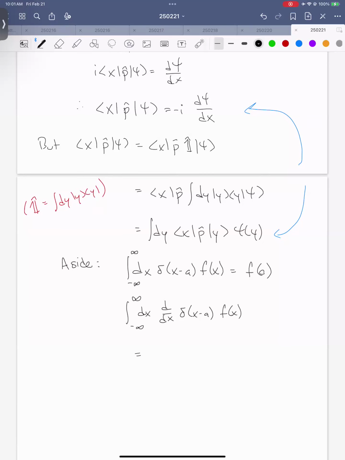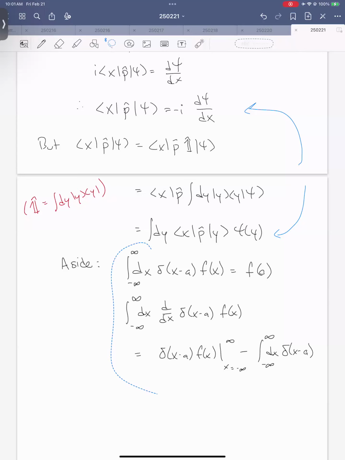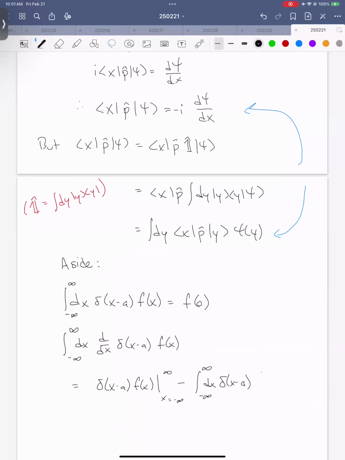So this is equal to delta(x minus a) f(x) evaluated from minus infinity to plus infinity, minus the integral from minus infinity to infinity dx delta(x minus a) d by dx f(x).